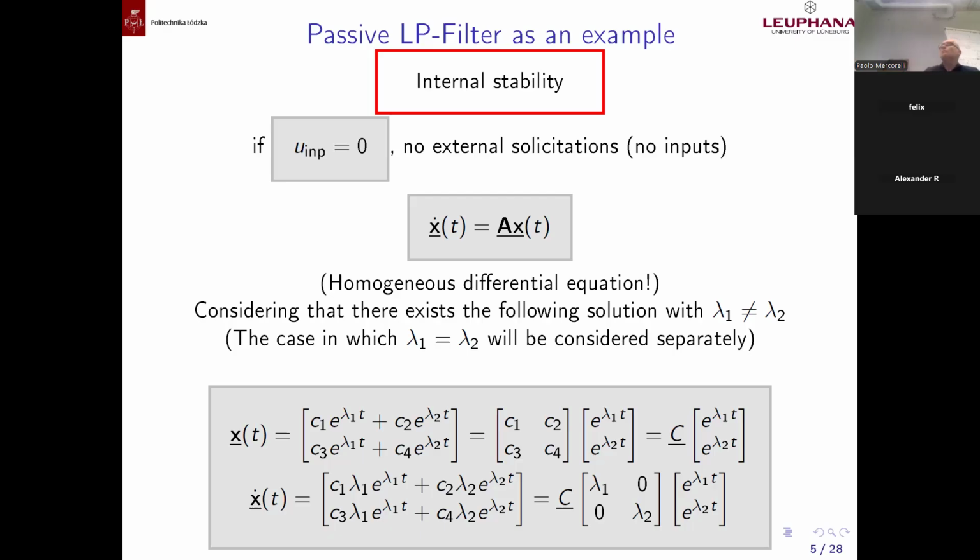Lambda 1 equal lambda 2, like saying something equal to something different, is clearly an equality in a mathematical condition. Practically, in the applications, it's not possible to have this condition. Nevertheless, it can be used as a model, as something which we want to tend to, as an ideal condition. But let me consider now lambda 1 different to lambda 2.